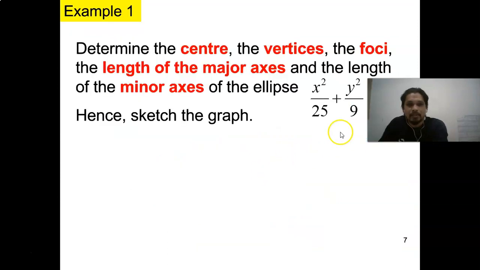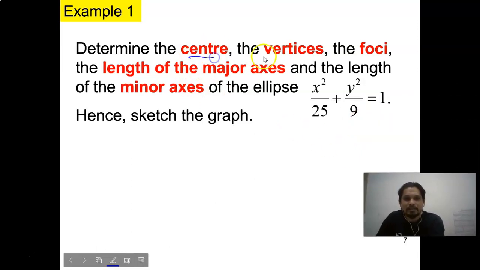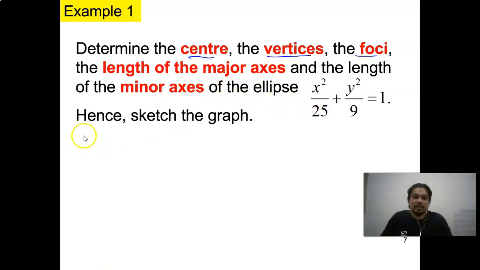Okay, so let's find out the first one now. Determine the center, the vertices, the foci, the length of the major and minor axes of this one, and sketch the graph. So let's compare with (x minus h) squared divided by a squared plus (y minus k) squared divided by b squared equals 1. Okay, look at this one here now.